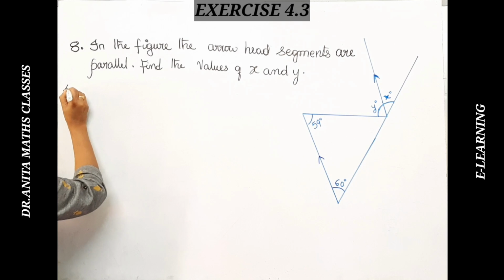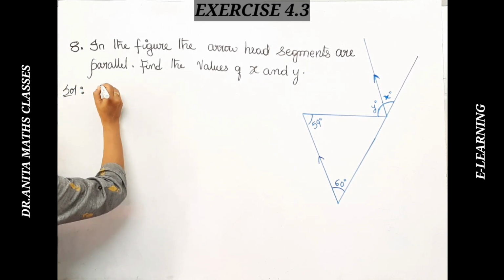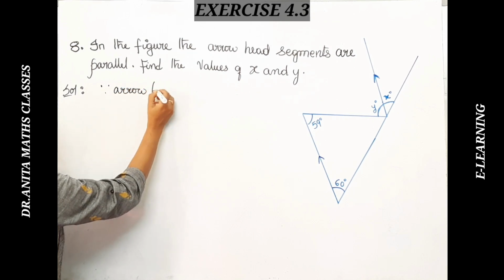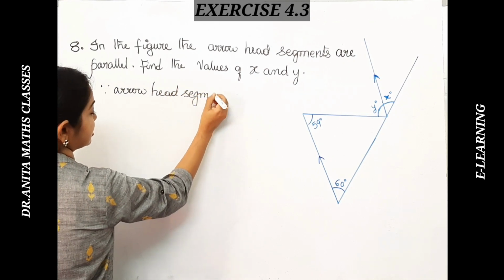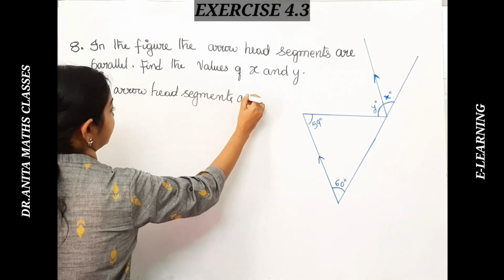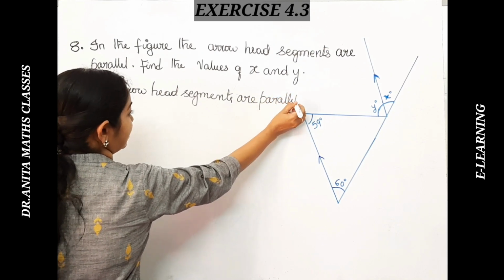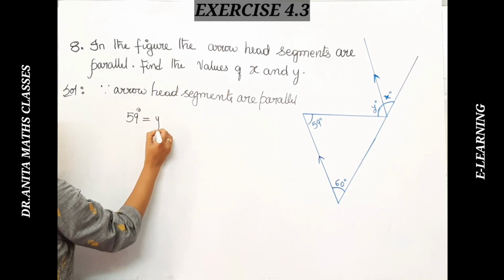Okay, so let us start like that. Since arrowhead segments are parallel, 59 degrees equals y degrees.